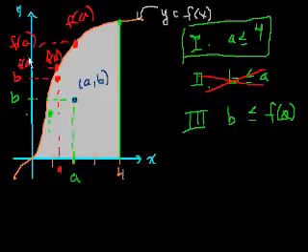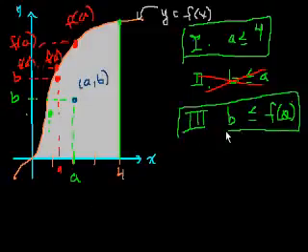And B would still be less than f of A, because B is in the shaded region that is less than f of A, essentially. So we also know that this last term is correct.